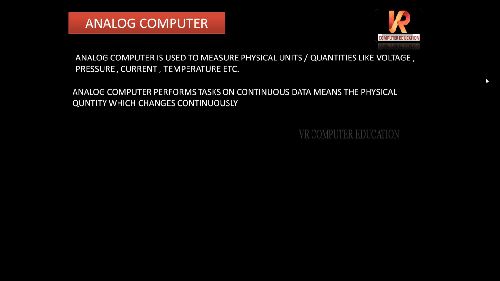Next, analog computers perform tasks on continuous data, meaning the physical quantity which changes continuously, like the stock market.